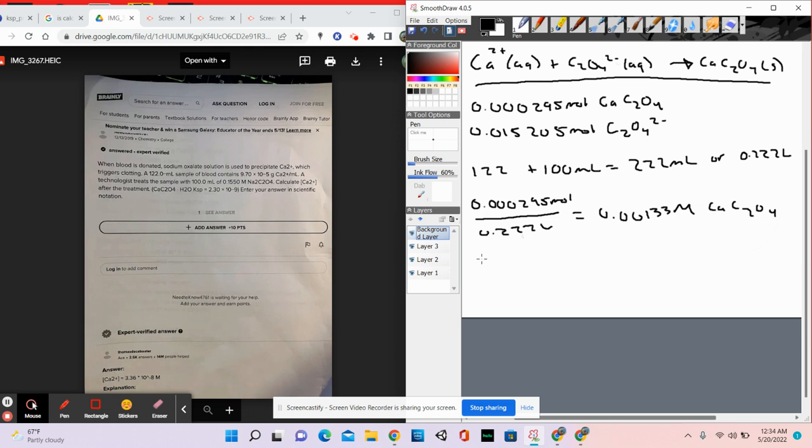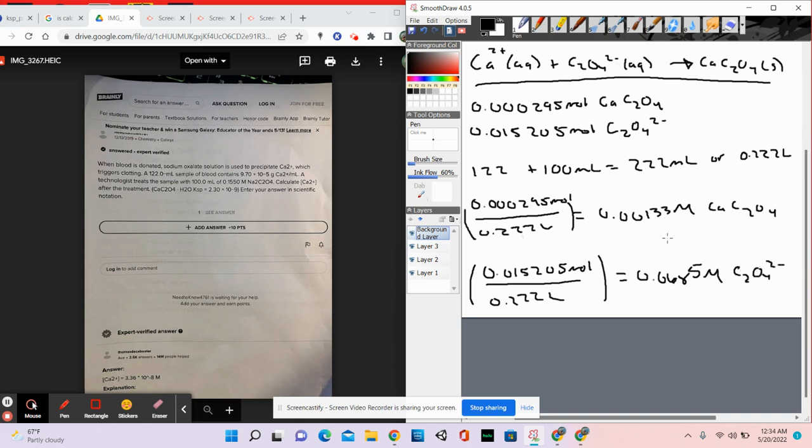Now, I'm going to put parentheses around this, and now we need to find this one. Same process: 0.015205 moles per 0.222 liters, which is 0.068685 molar of oxalate, C2O4 2 minus.